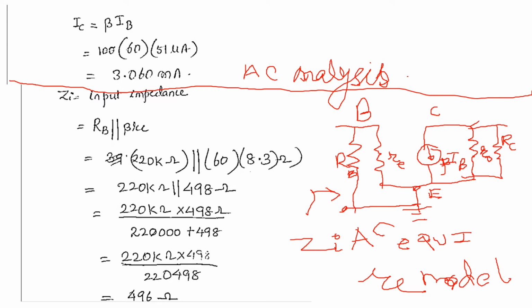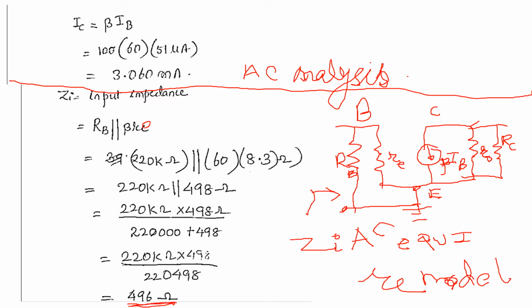The current flowing into the base terminal is related to IC, so it is taken as beta times re. This re you have already found in the previous slide. It comes out to be 496 ohms.